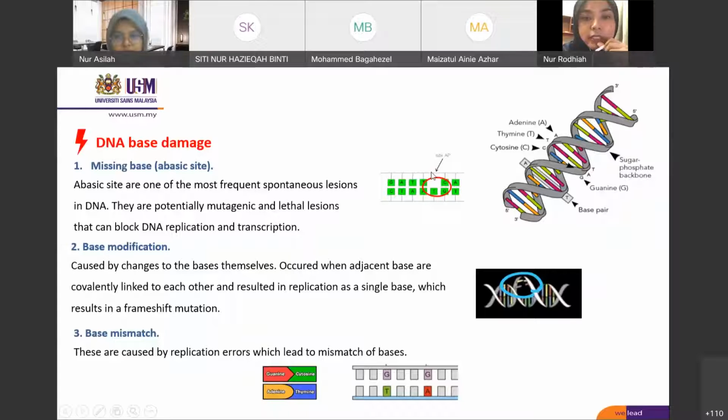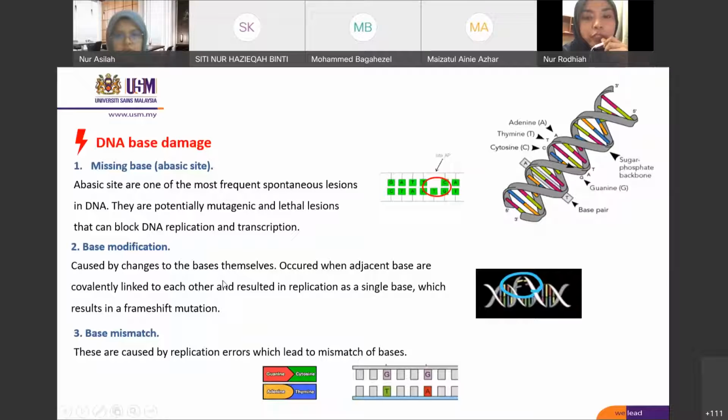As you can see in the example here, one of the bases is missing. The thymine base here should be paired with adenine, but the adenine is missing. Abasic sites are one of the most frequent spontaneous lesions in DNA. They are potentially mutagenic and lethal lesions that can block DNA replication and transcription.